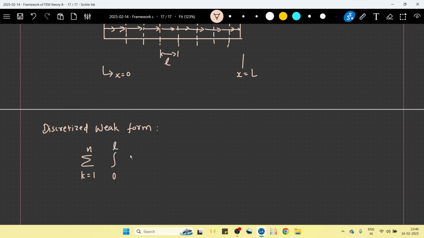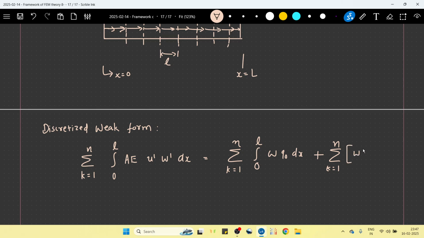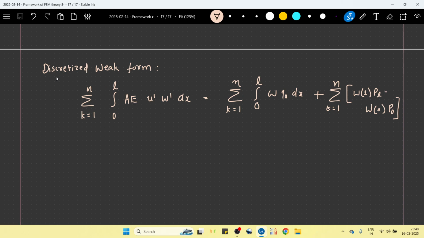So integral 0 to small l of AE u' w' dx is equal to summation k equal to 1 to n of integral 0 to small l of w Q0 dx, plus summation k equal to 1 to n of w(l) P_l minus w(0) P_0. So we have rewritten the weak form as a discretized weak form.